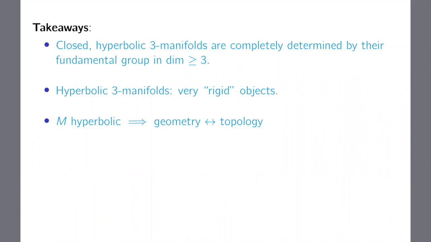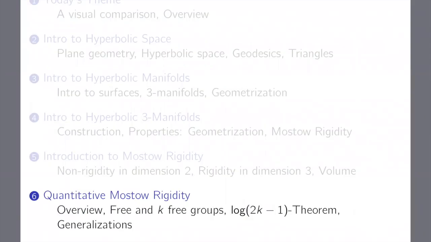So again, the theme is that shape determines size, an overall way of summarizing it in hyperbolic space. You know the shape, you know the size, and the geometry is very much determined by the topological properties.